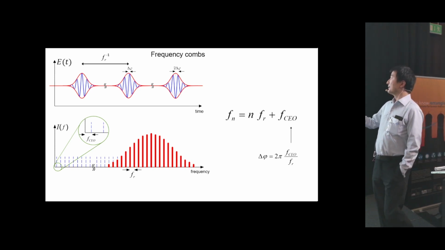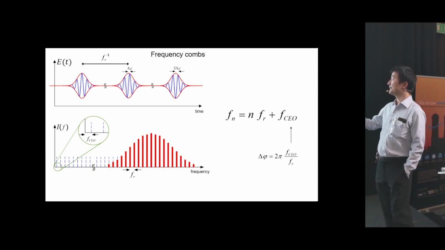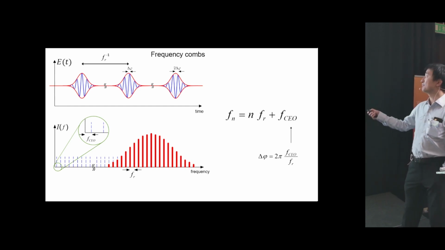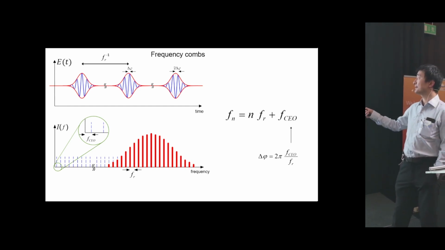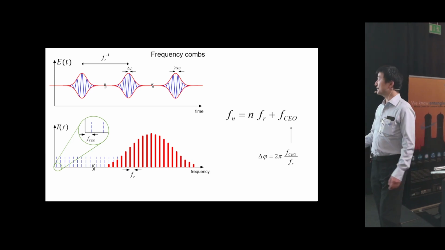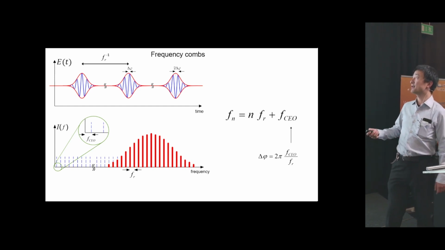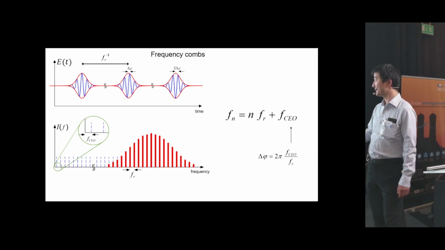This expression shows that if we want to count optical frequencies in the petahertz regime, you can just measure these two radio frequency parameters using counters, and then you get optical frequencies out. So this makes the frequency comb a very powerful tool to measure the frequency of continuous wave lasers.